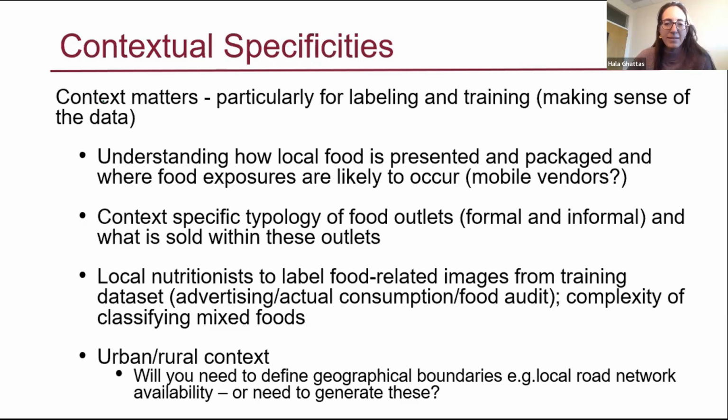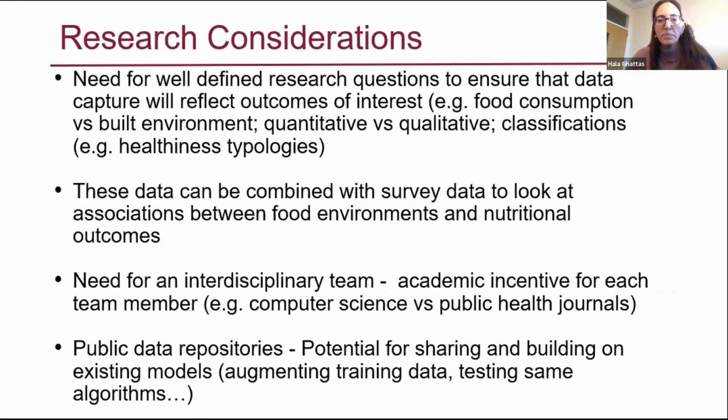And as you saw, classifying mixed foods and foods that don't necessarily have labels or brands on them is quite complex. Also think through what data on the geographical scope of your environment exist, and whether you will need to define or generate the geographical boundaries of your food environments when conducting this work in these contexts.